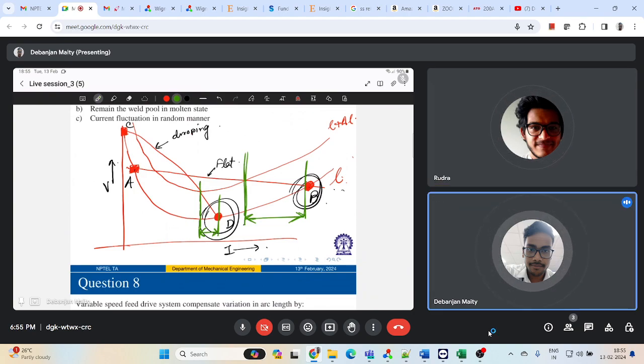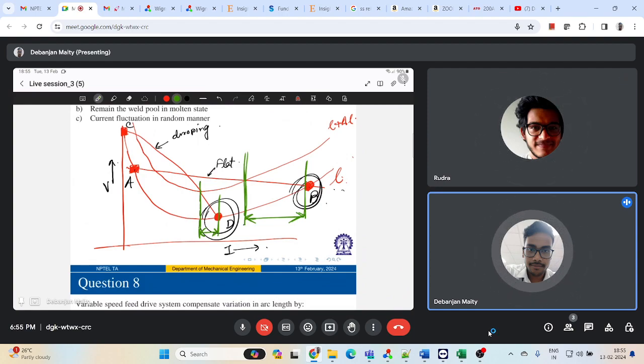And for a flat characteristic, for a big change in arc length, there may not be any point of intersection between the arc and the source characteristic. If you have any big change in your arc length, the arc may blow out.